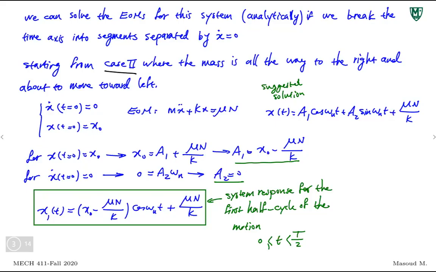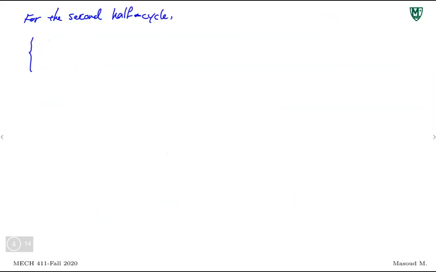So all I need to do is use the system response, x1(t), and plug in t equals half the time period. To find the initial condition, I'll call it x2.